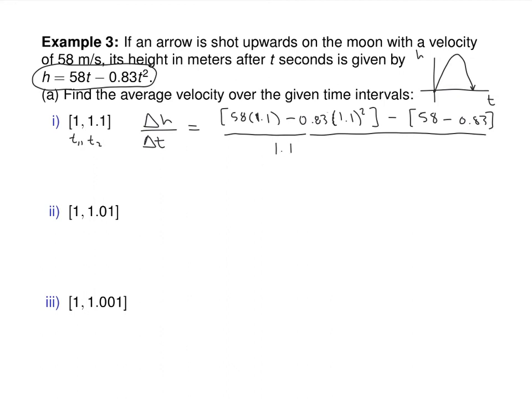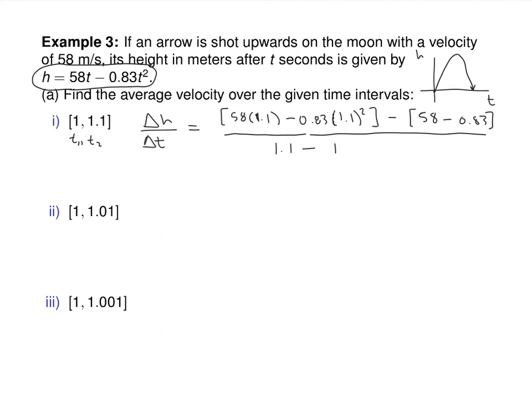That is the same thing as 1.1 minus 1. Notice that's a slope. Do you see what I mean? This is like y2, right? This is y1, right? Over y2 minus y1. I put parentheses where they should go if you're going to punch it in a calculator.